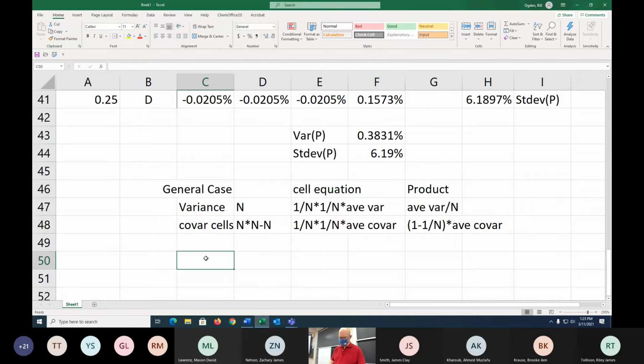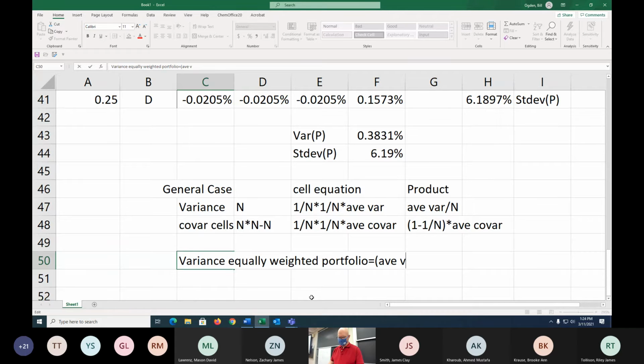So, nice, succinct little equation. Portfolio variance, equally weighted portfolio, equals average variance divided by N plus this 1 divided by N times average covariance.